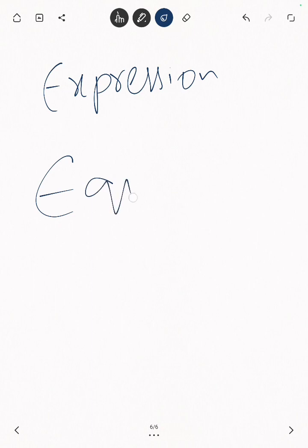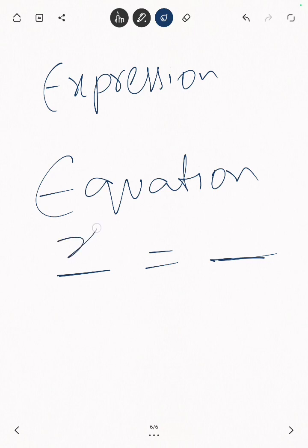Expression is nothing but combining the terms with plus or minus. The equation is combining those expressions with an equal to symbol, or simply equating two expressions. We just keep the equal to symbol between two expressions. Even x equals 2, yes, this is an equation.